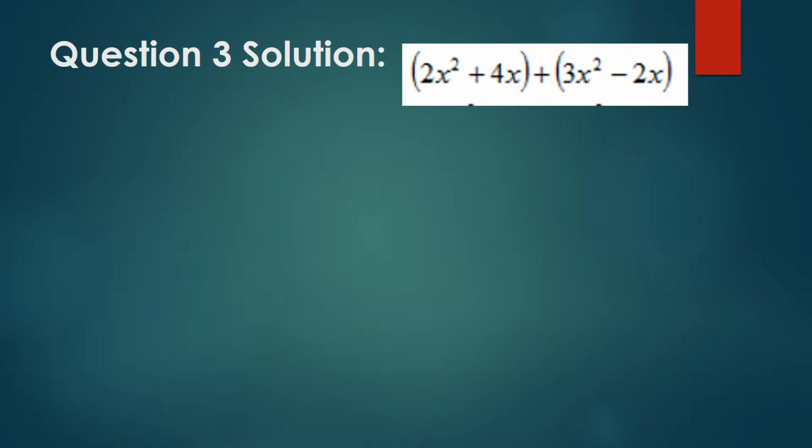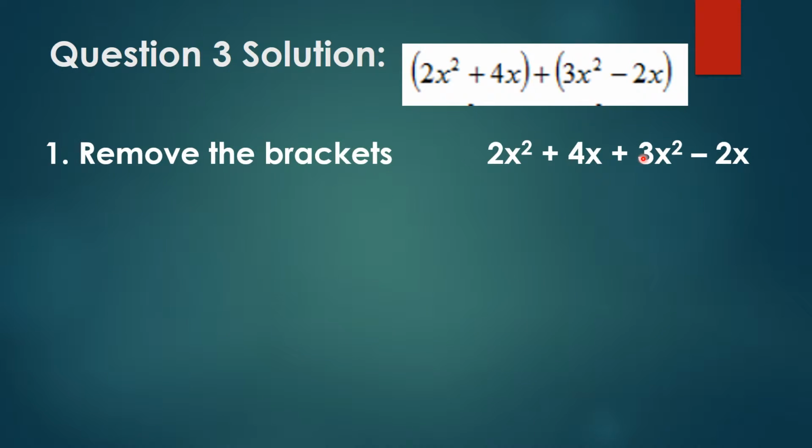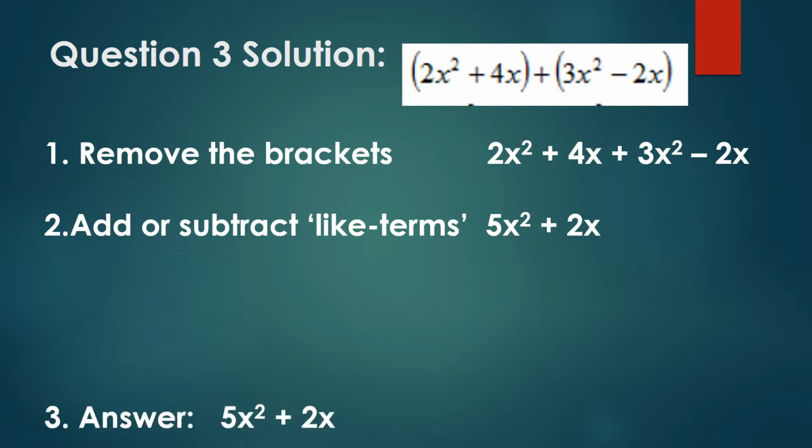Question number 3, there are brackets here, so we remove the brackets on the first one. You get 2x squared plus 4x plus 3x squared minus 2x. And then if you collect like terms, 2x squared plus 3x squared is 5x squared, and 4x minus 2x is 2x.